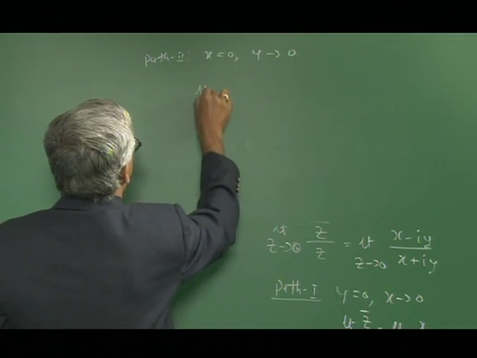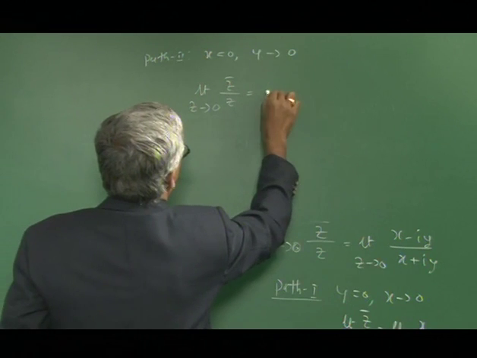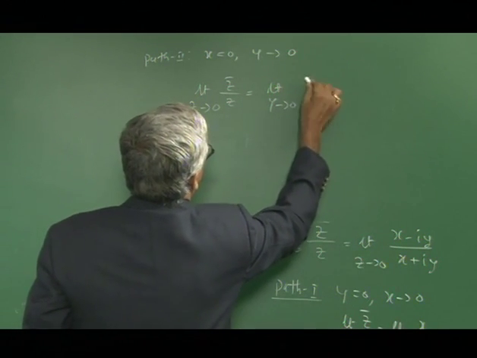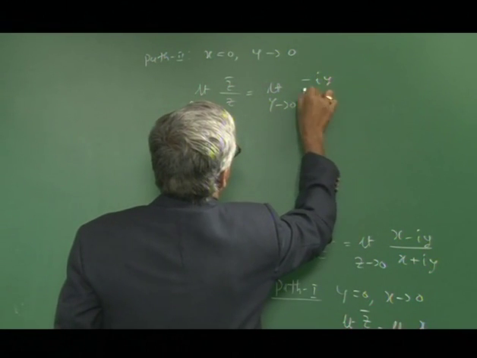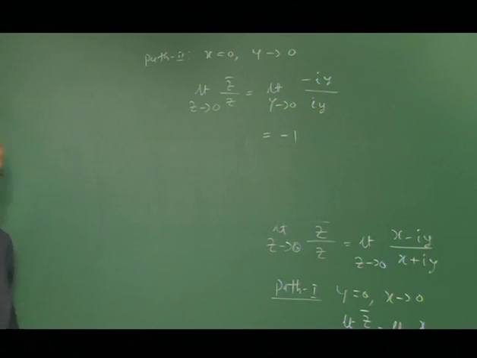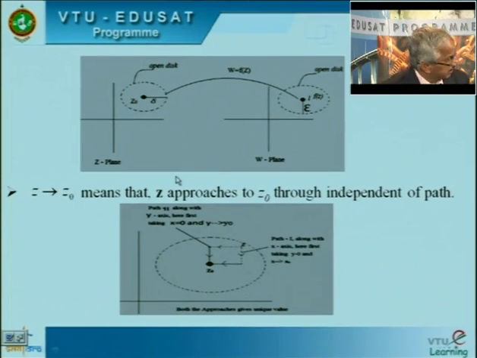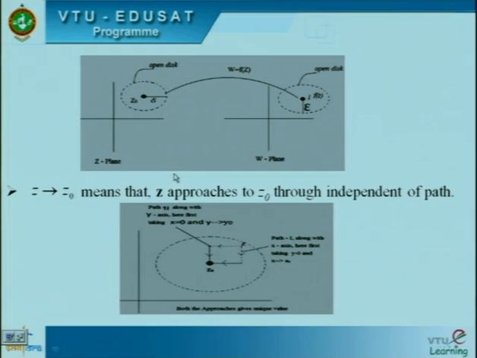In that case, the limit as z tends to 0 of z bar divided by z is the limit as y tends to 0 of minus i y divided by i y, which gives minus 1. The limit property says that, independent of path, the limit should be unique, but here in both ways the limit is not unique. Therefore the limit does not exist in that case. So just to mention this, while solving problems we have to use this concept.